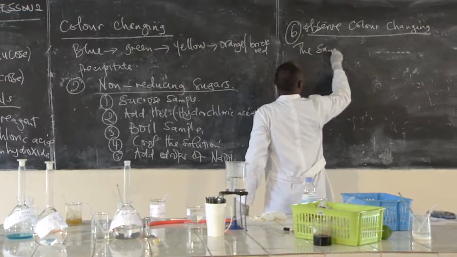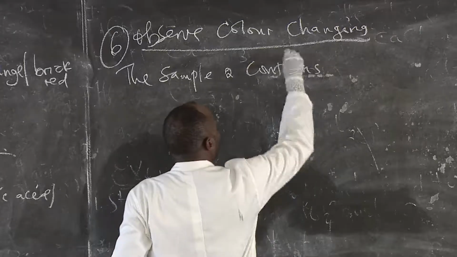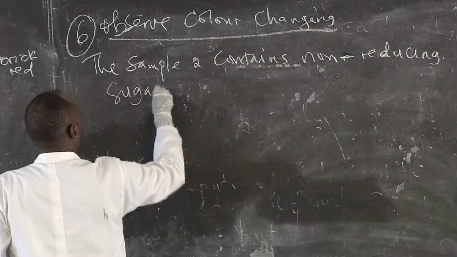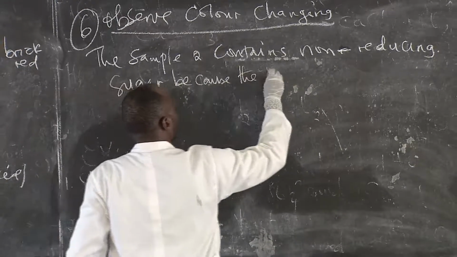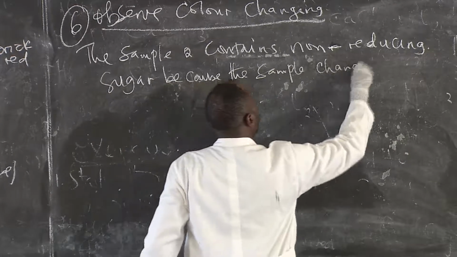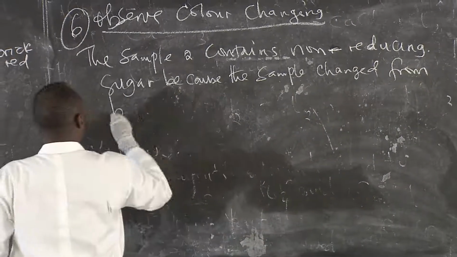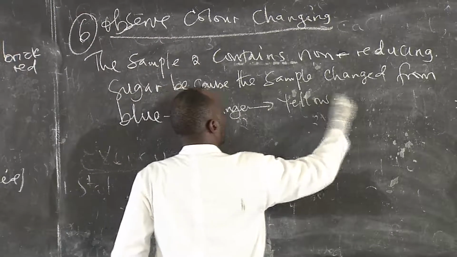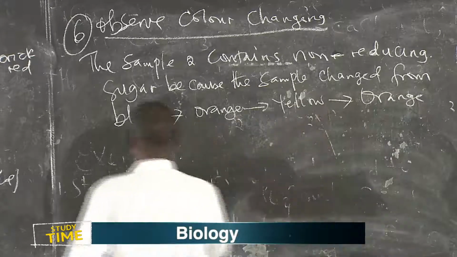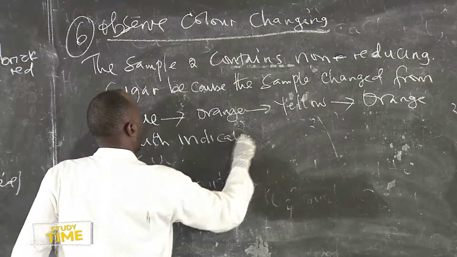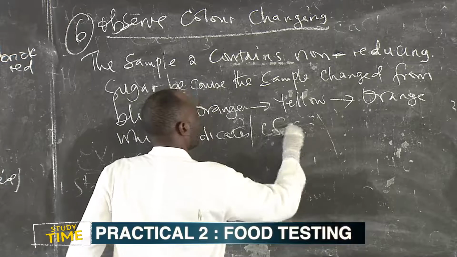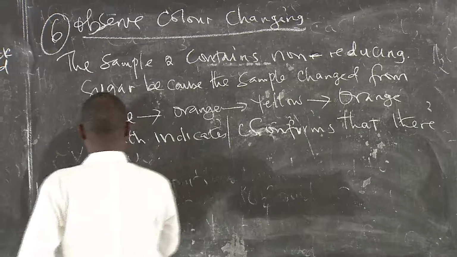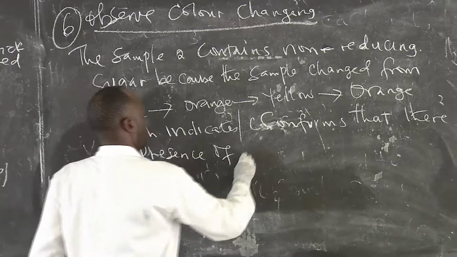I can say sample 2 contains non-reducing sugar, because the sample changed from blue to orange, and then to yellow, then finally to orange, which confirms that there is presence of non-reducing sugar.